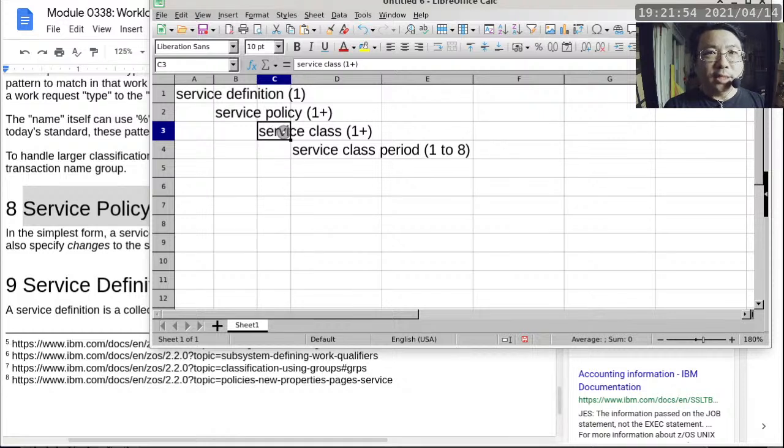A surface class has a name so that the classification rule can refer to the surface classes. A surface policy also has a name so that we can refer to the surface policy that is active. The surface definition does not have a name because the entire system only has one and only one surface definition, so there's no need to use a name to identify it.